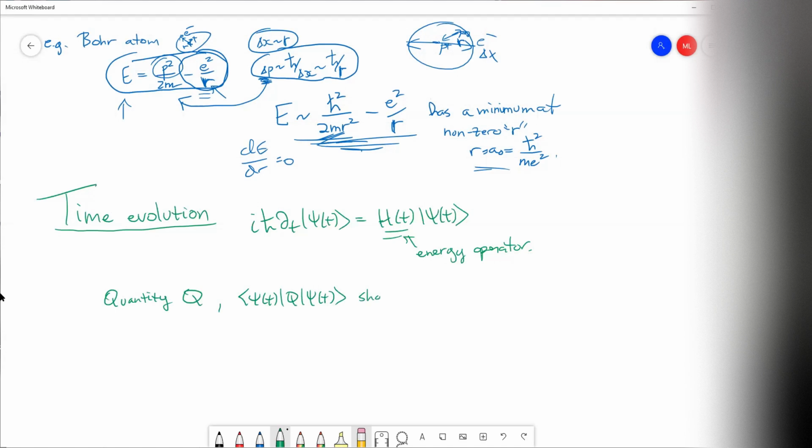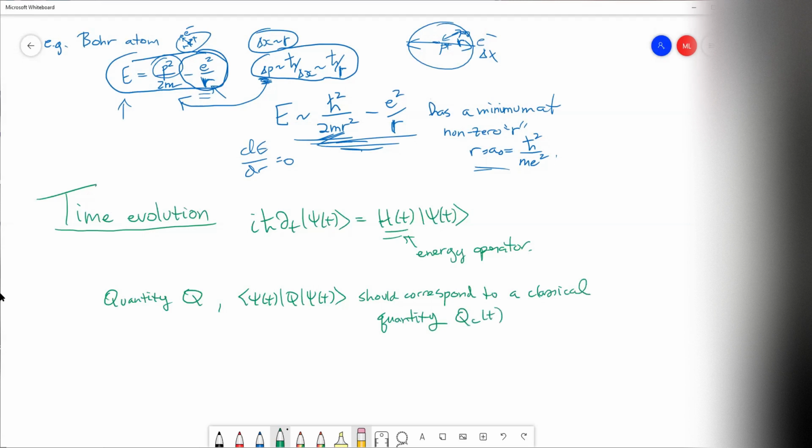It should correspond to a classical quantity, which I'll call Q_C, as a function of time.